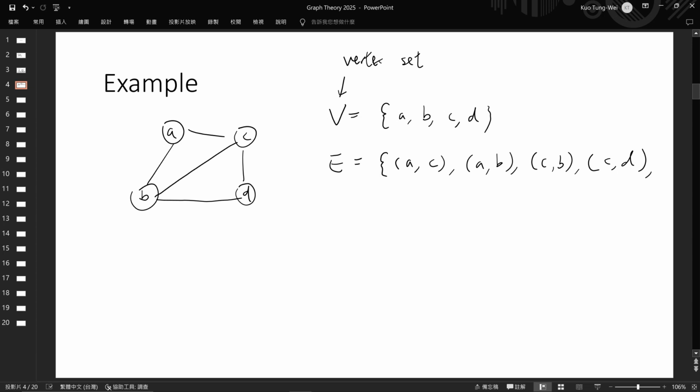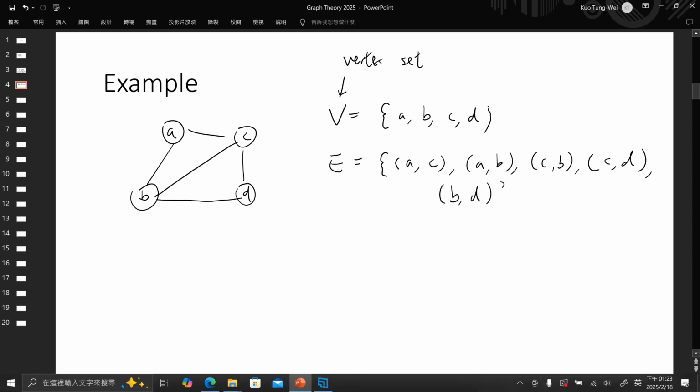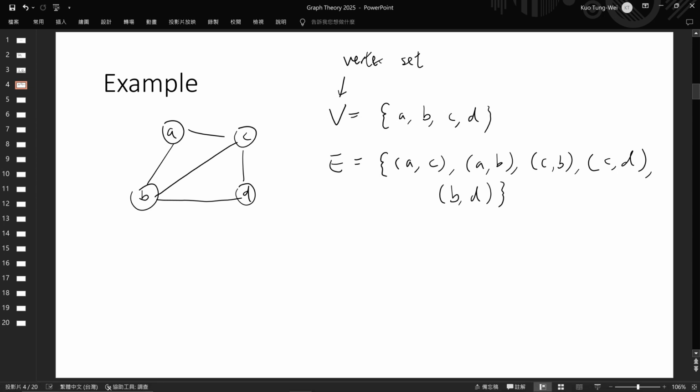So which one is missed? Yeah, BD, okay. Okay, so this is the edge set, okay? So far very boring, okay? The two sets, vertex set and edge set.